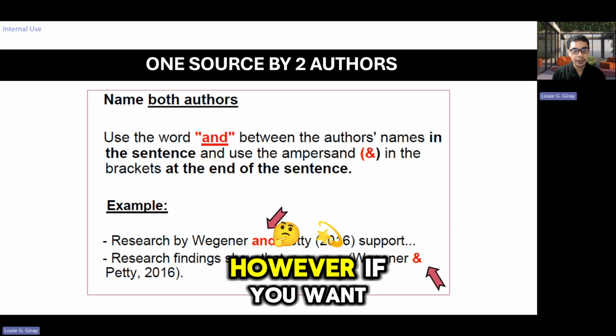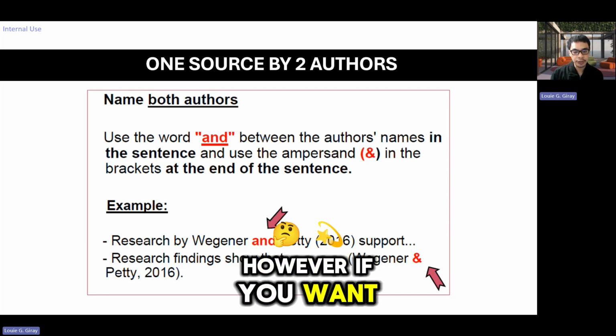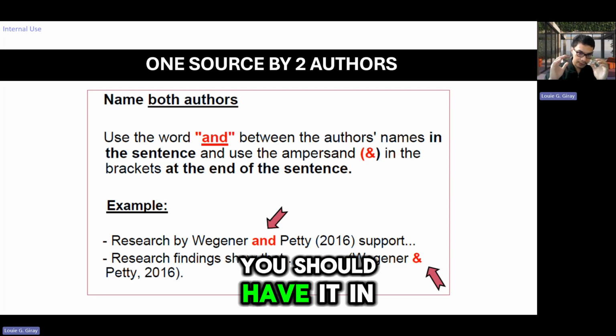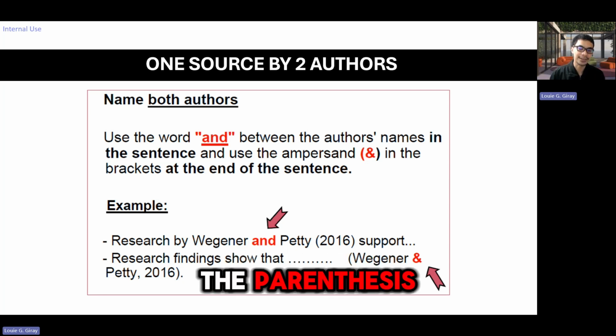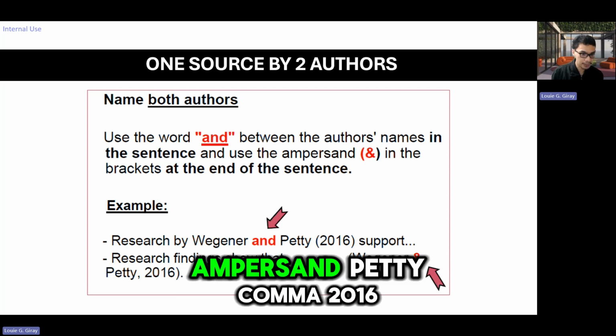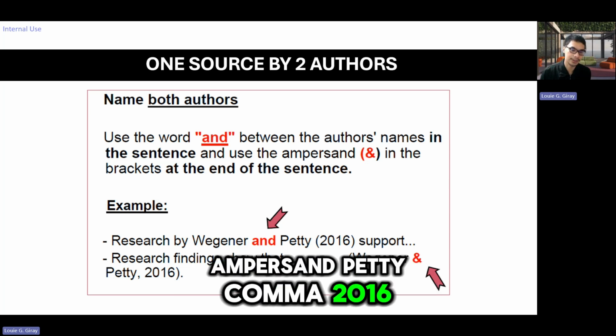However, if you want to put that at the end, you should have it in the parentheses with the ampersand: (Wegener & Petty, 2016).